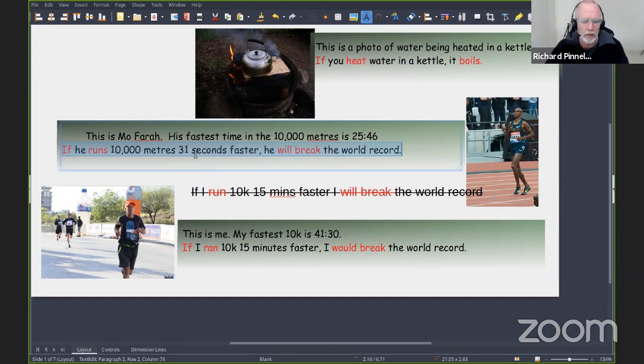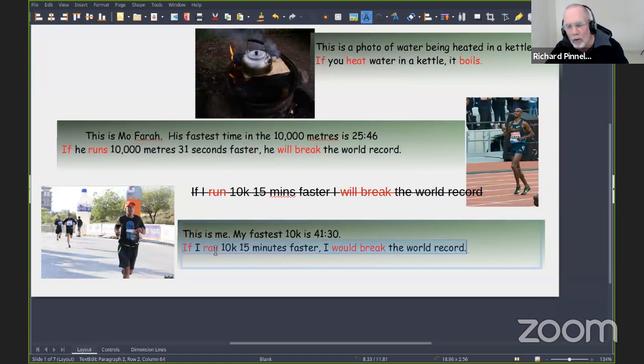This is a real possibility. But in my case, it's not a real possibility. It's impossible for me to run 10 kilometers 15 minutes faster and beat the world record. I am not going to beat the world record. So this is a 100% hypothetical situation.